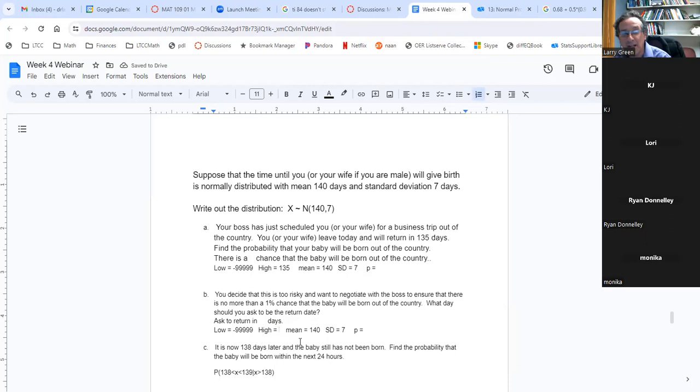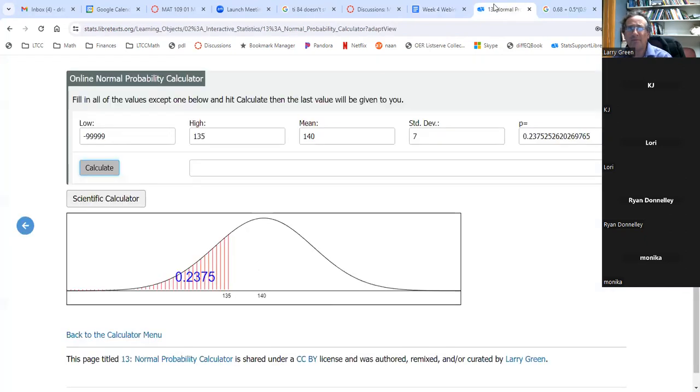That's the return date, what we're asked to find. Same mean, same standard deviation, and what's P? 0.01. Good. And now we just put it in. Negative 99999, the high we don't know, same mean, same standard deviation, and the probability is 0.01. Any questions on that?